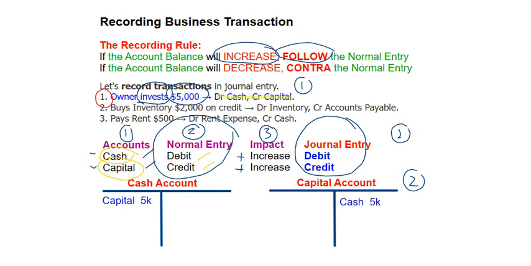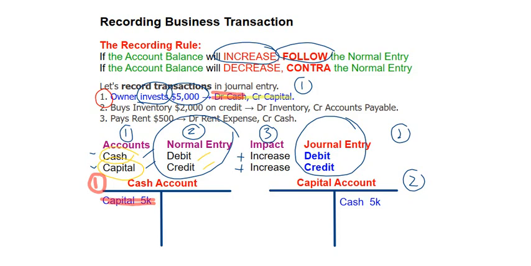So we open up two accounts here, and you can see that first is the cash account. According to the journal entry, it says here that we need to debit cash. So what do we need to do? Debit means the left side of the equation. So we go to the left side of the T account and write down the description and the amount.